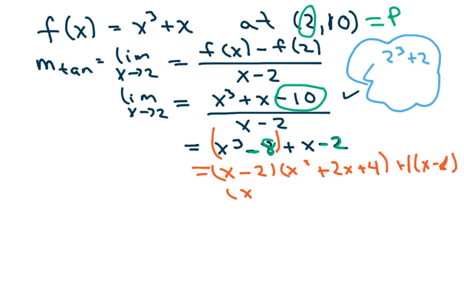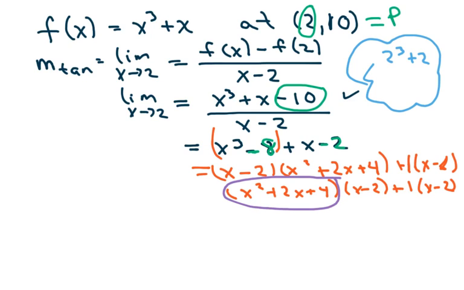I'm going to rewrite it real quick. X squared plus 2x plus 4 times x minus 2 plus 1 times x minus 2. And what you do is you group these two together. You group this with this. So I'm going to rewrite this as x squared plus 2x plus 4 plus 1 times x minus 2.